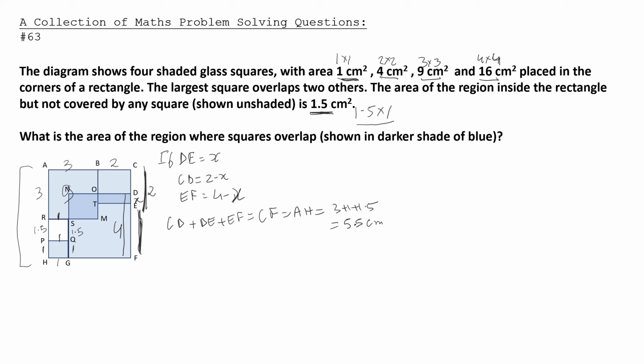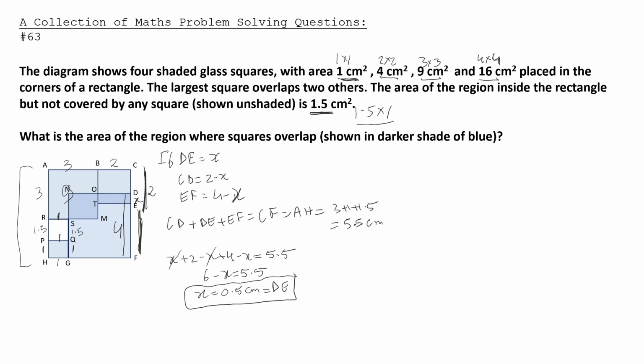So I can now make this equation: X plus 2 minus X plus 4 minus X equals 5.5. And what I get from there is 2 and 4 is 6 minus X is 5.5. So X is 6 minus 5.5. That is 0.5 centimeters, and that equals DE. So we have found out what DE is.